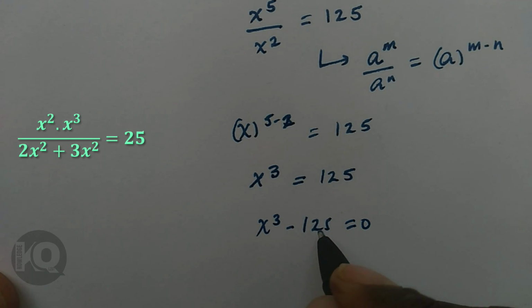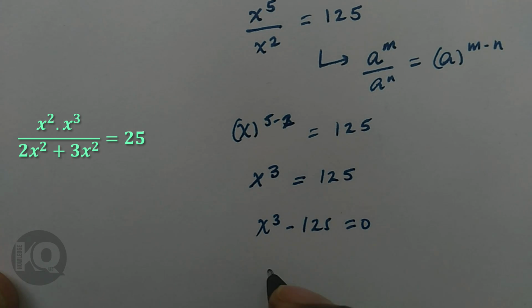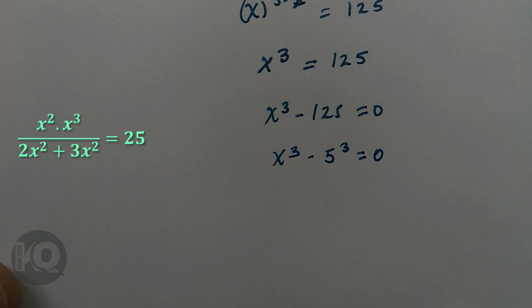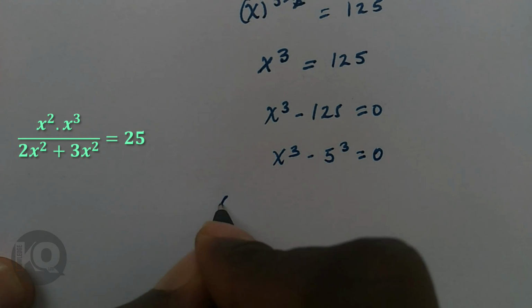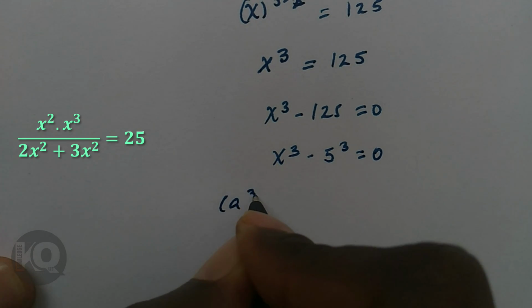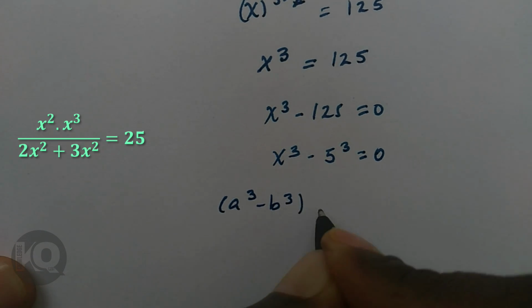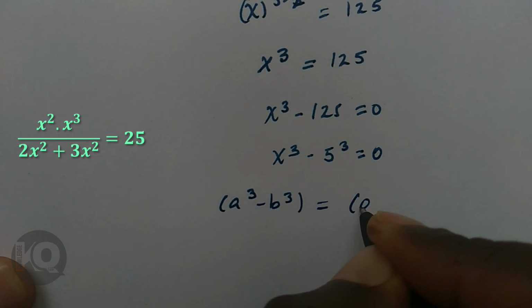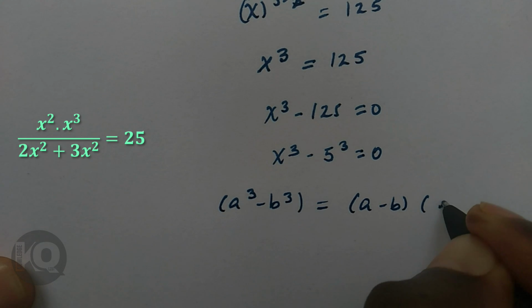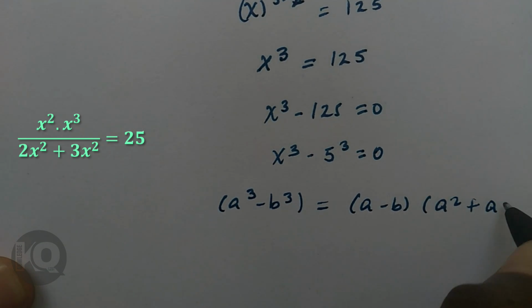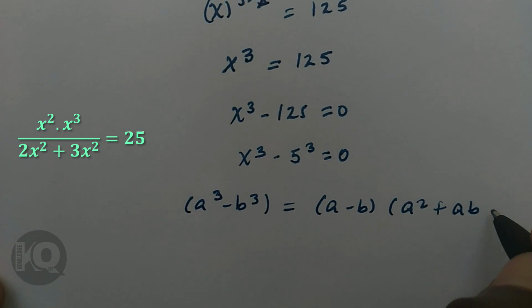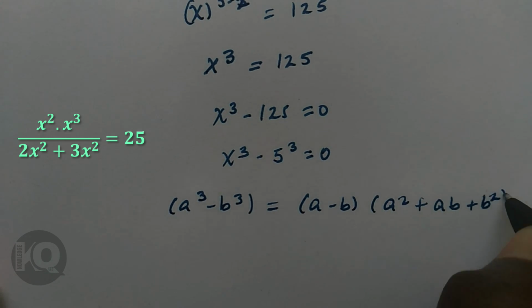We can rewrite this as x cubed minus 5 cubed, which is equal to 0. So now applying the basic expression of a cubed minus b cubed is equal to (a minus b) times (a squared plus a times b plus b squared).